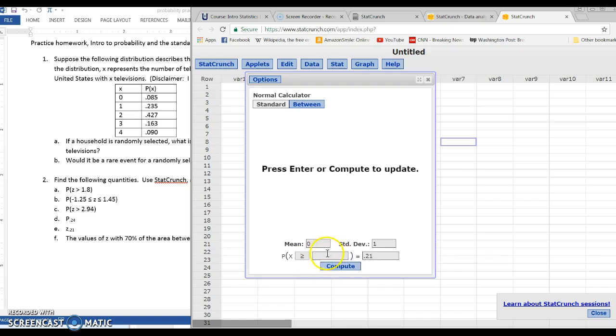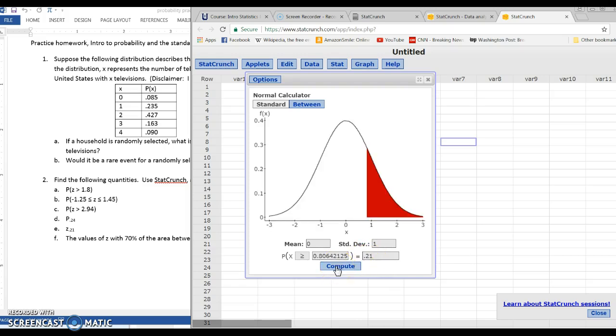So we're looking for this value here, where we got z to the right, so 0.21. All right, so we hit compute, and we get 0.8064. That's our value of z. So this value of z down here, 0.8064, is what gives us this 0.21 here, this shaded area.